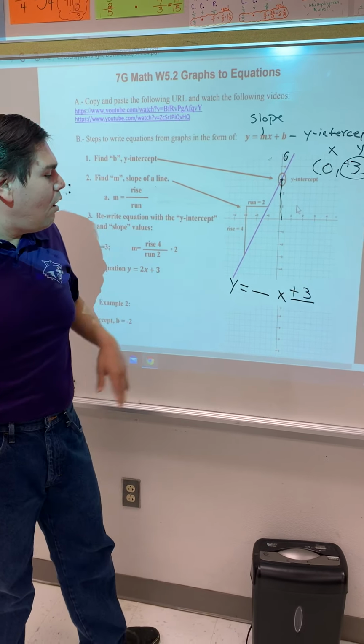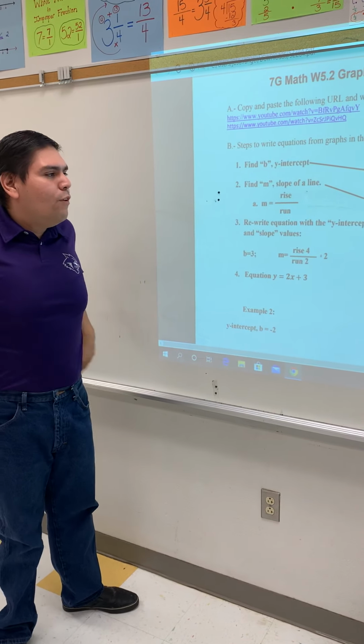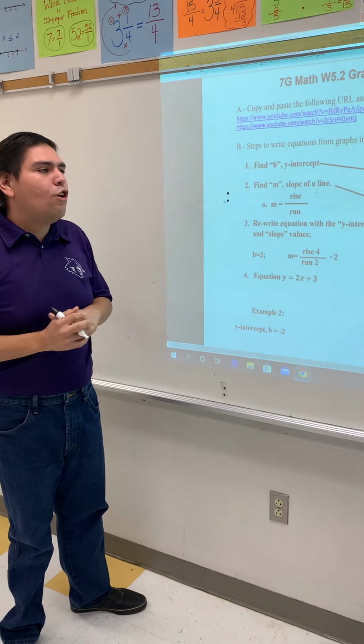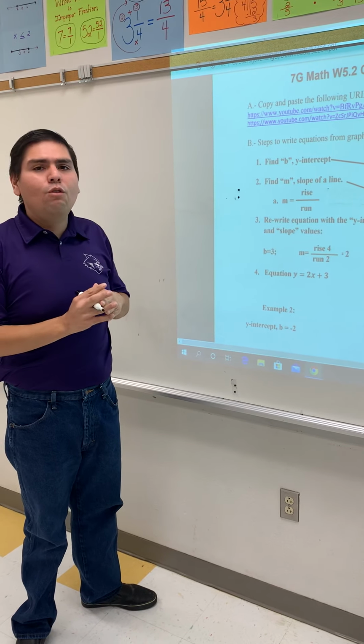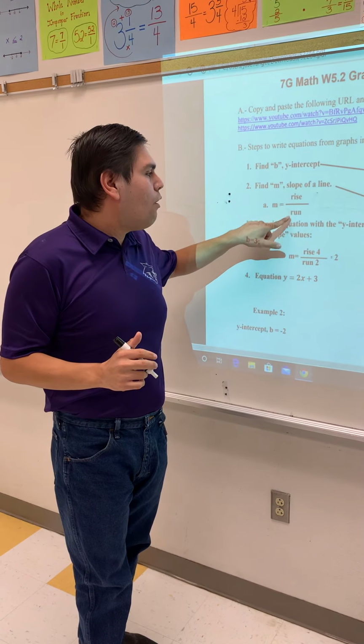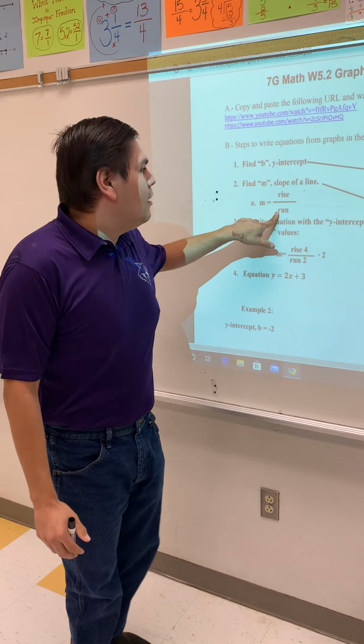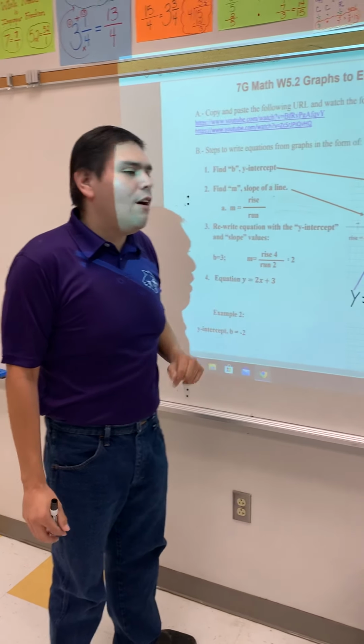So now, all we really have to do is find your slope. Now, if you recall, to find slope, you have to move either up or down for your rise, or right and left for your run. Now, how do you find your slope using a graph? Easy.